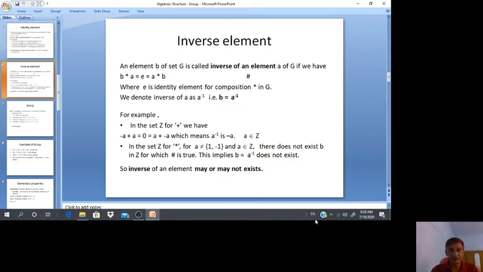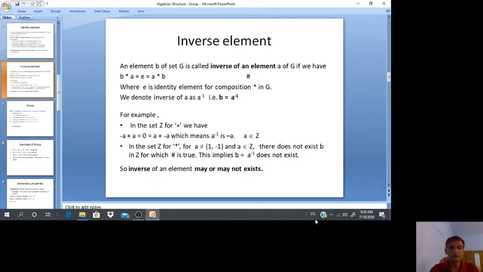Let A be any element of set G. We call B the inverse of A if we have B star A is E and A star B is E. If such an element exists, then we say B is the inverse of A, and we denote it like this: B is equal to A inverse, and we read it as B is the inverse of A. For example, in the set of integers, for every integer A, there exists minus A. So the inverse of A is minus A.